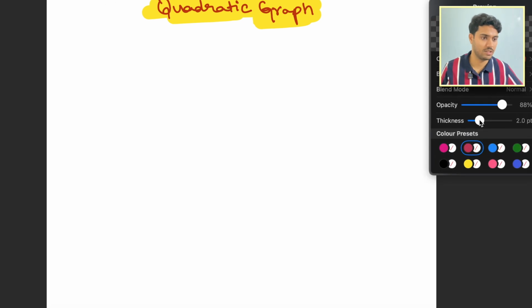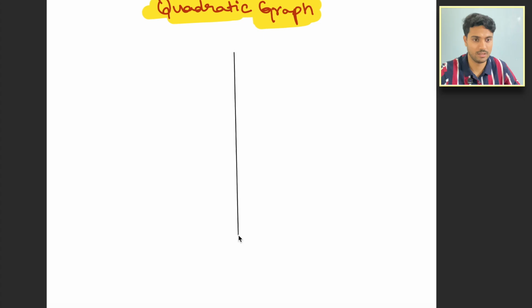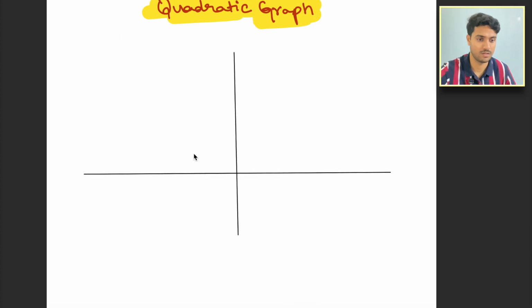The very first thing is the shape of the graph. So first we'll try to understand how the shape of the graph actually is. It looks like this on a Cartesian plane.